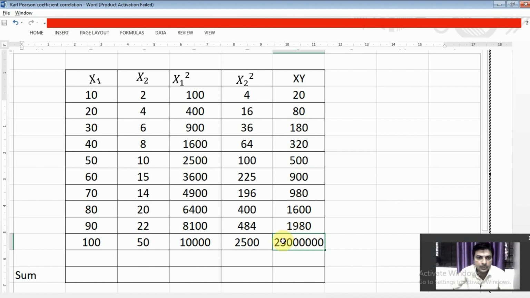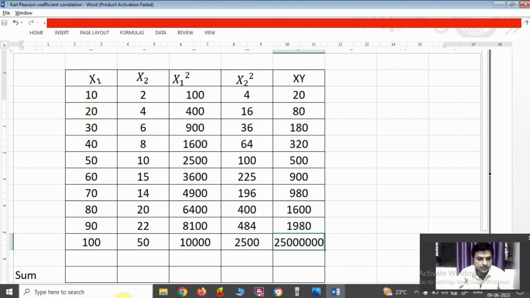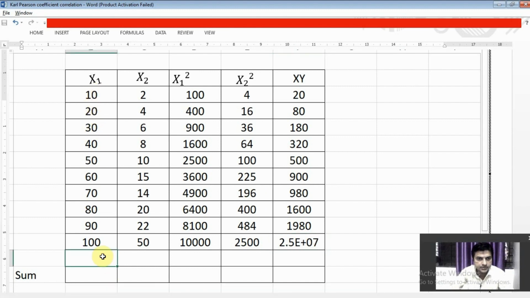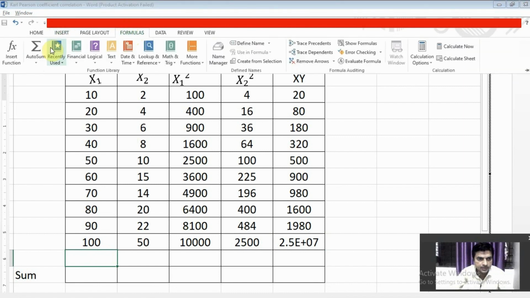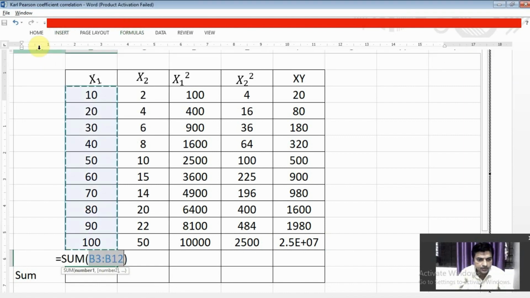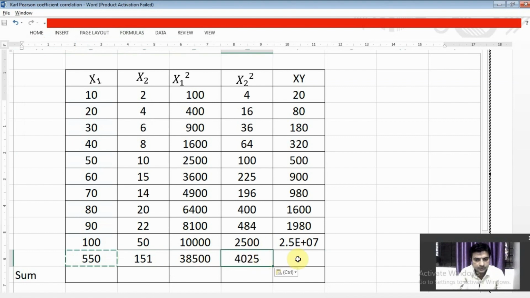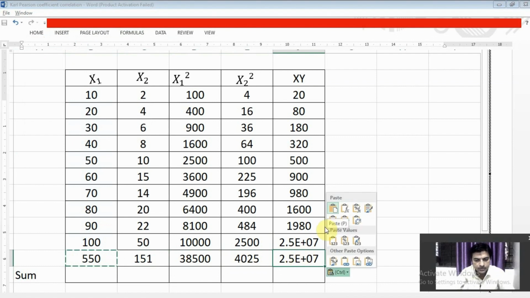Now you are going to add all these values. Just take here the formula, and take the sum: summation x1, we got it, summation x2 you find out, similarly x1 square summation, and x2 square summation, and lastly summation x into y.